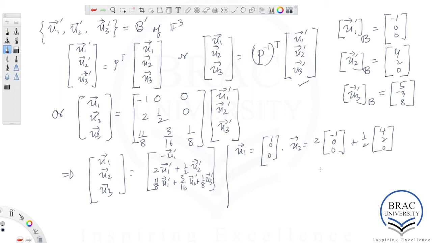I add these two vectors to get 0 here, then 1 here, and 0 as the third component.